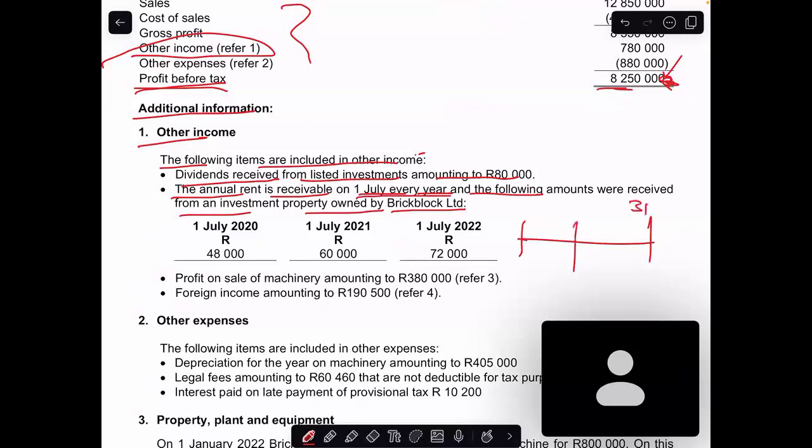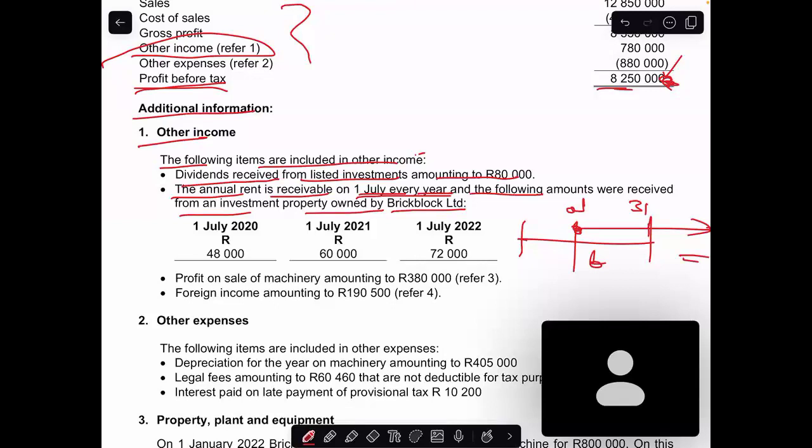On 1 July, we receive rent for 12 months, meaning what relates to the current year is only rent for 6 months. The other 6 months is income received in advance.